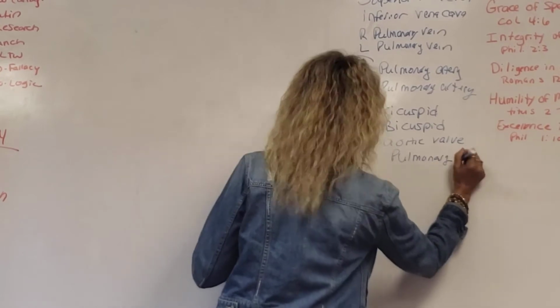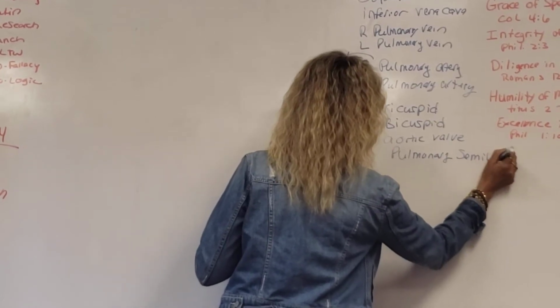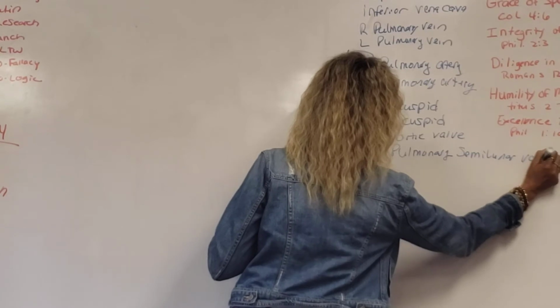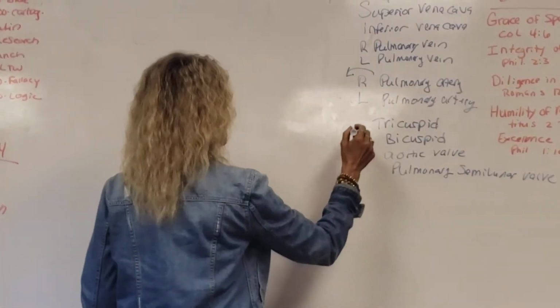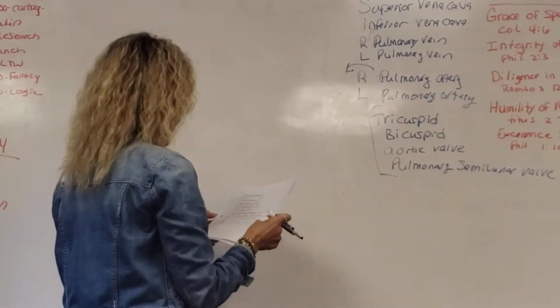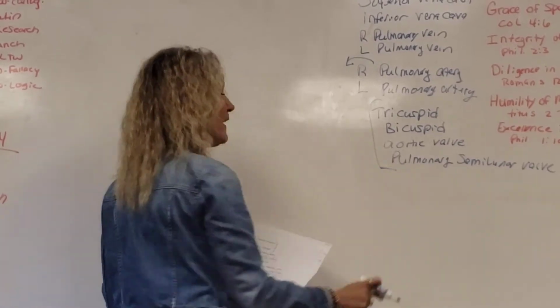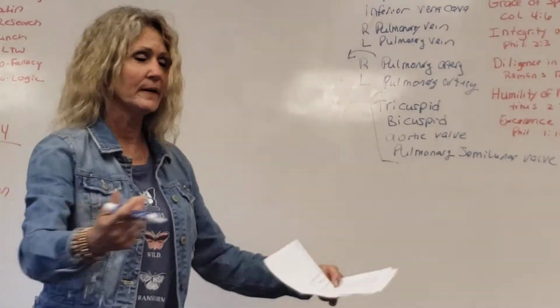The pulmonary semilunar valve. How many valves do we have? 4. Okay, so we have an aortic valve, so we must have an aorta.